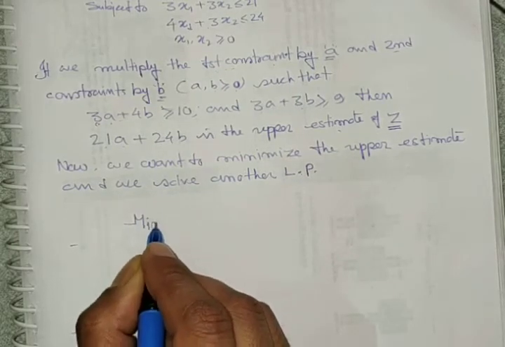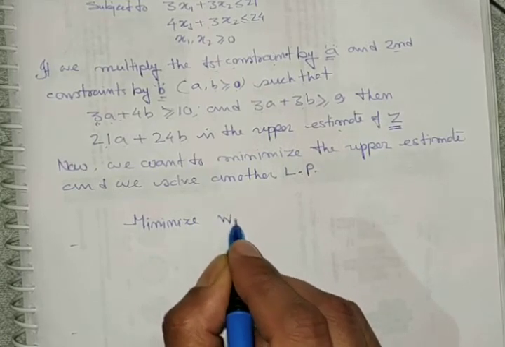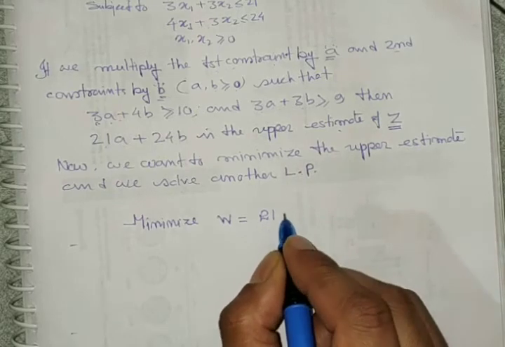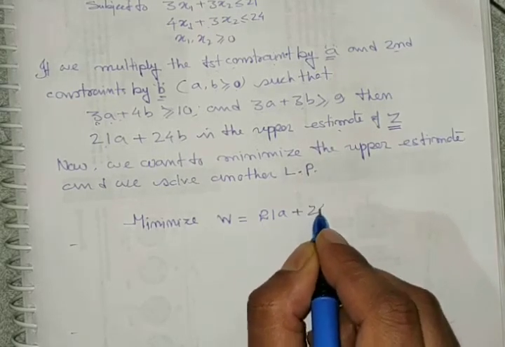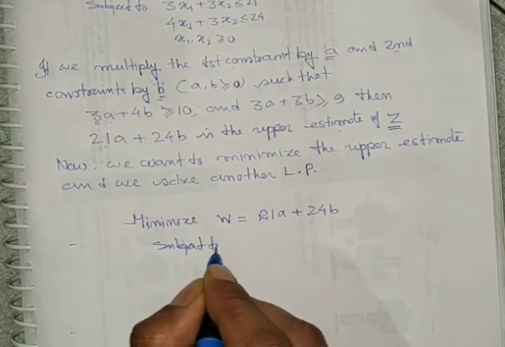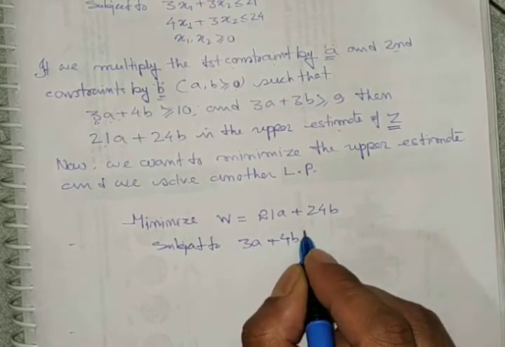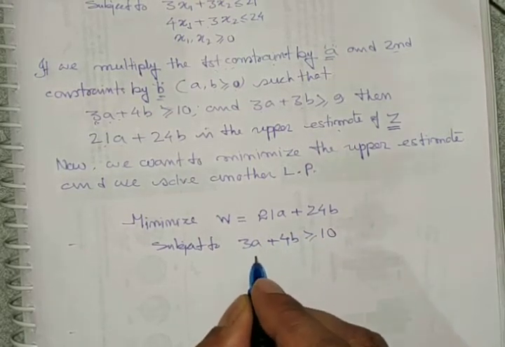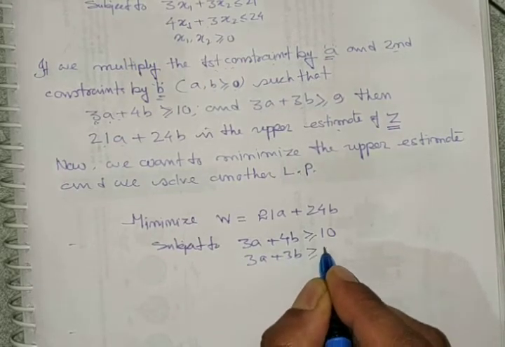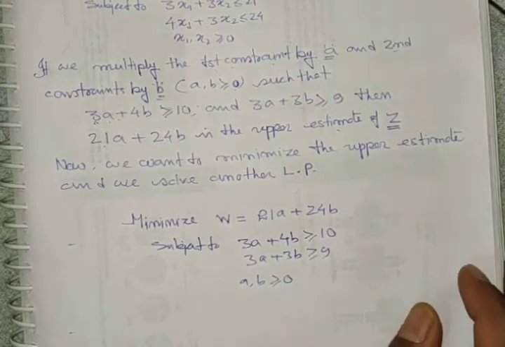This is minimization, minimize, suppose W, 21A plus 24B, subject to 3A plus 4B greater than or equal to 10, 3A plus 3B greater than or equal to 9, where A, B are greater than or equal to 0.